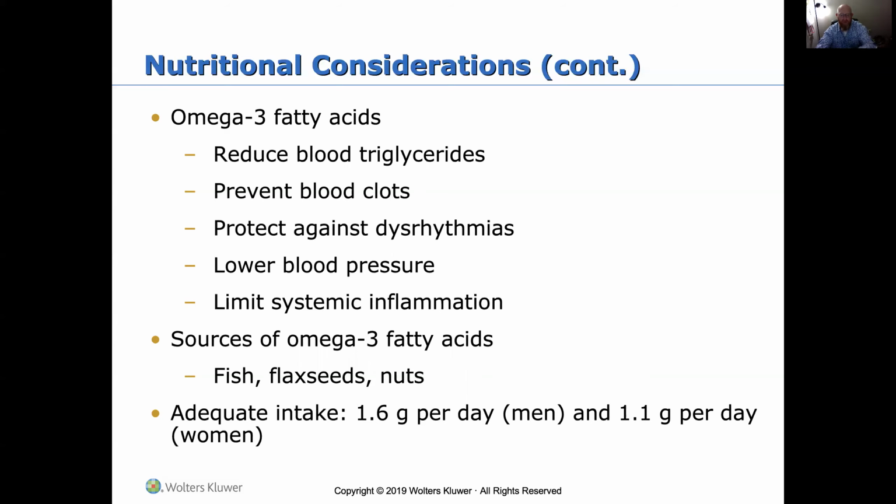Men need 1.6 grams a day. Women need about 1.1 grams per day. I know we're not measuring those things, and you don't need to, but know that omega-3s are beneficial and should be something you include in your diet.